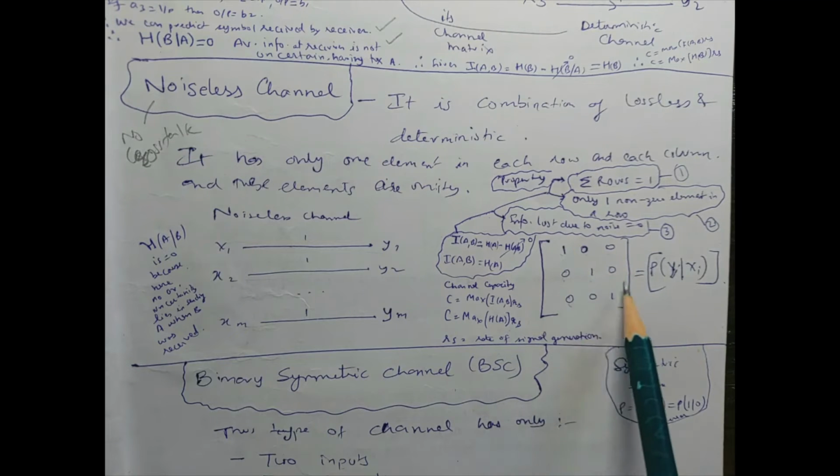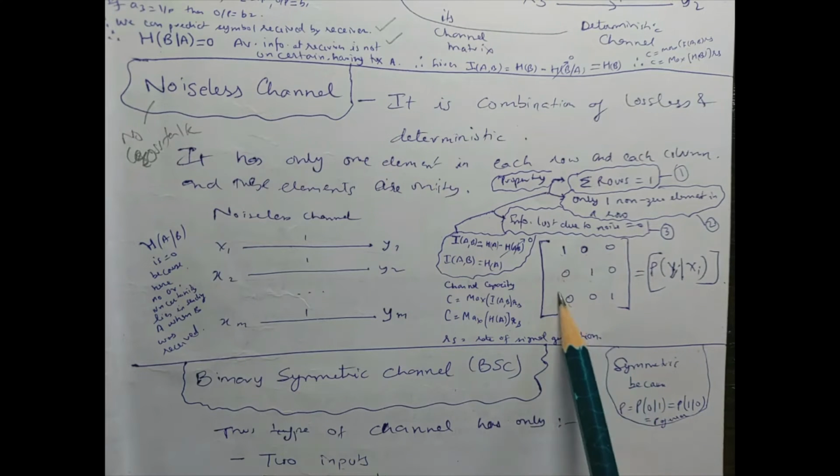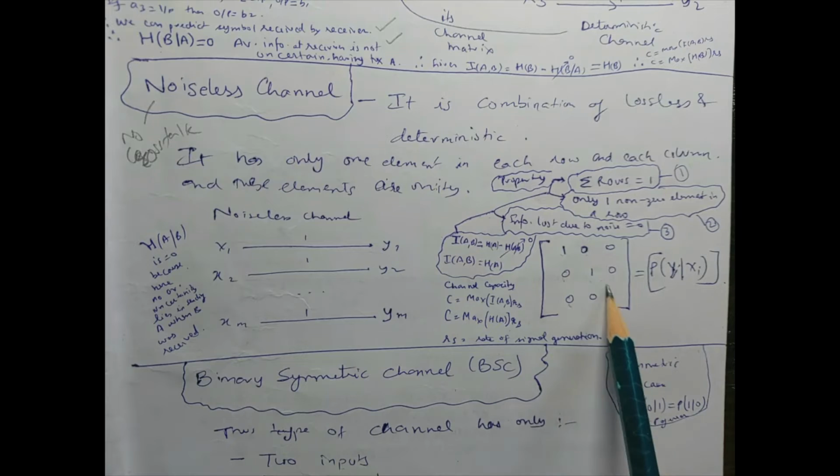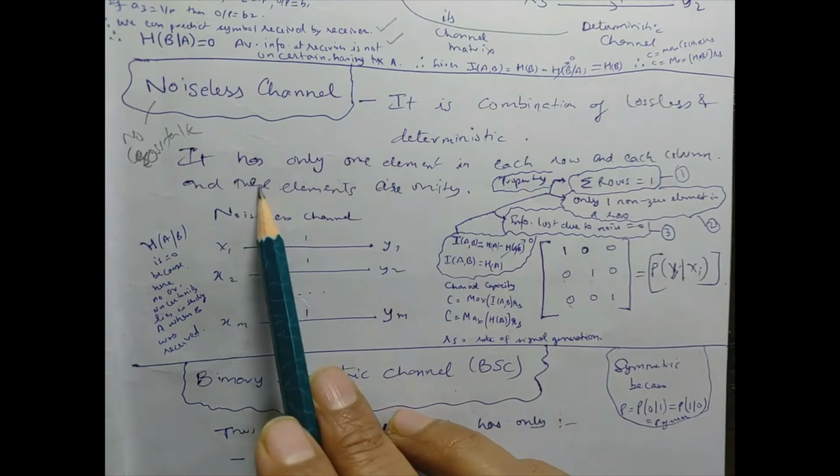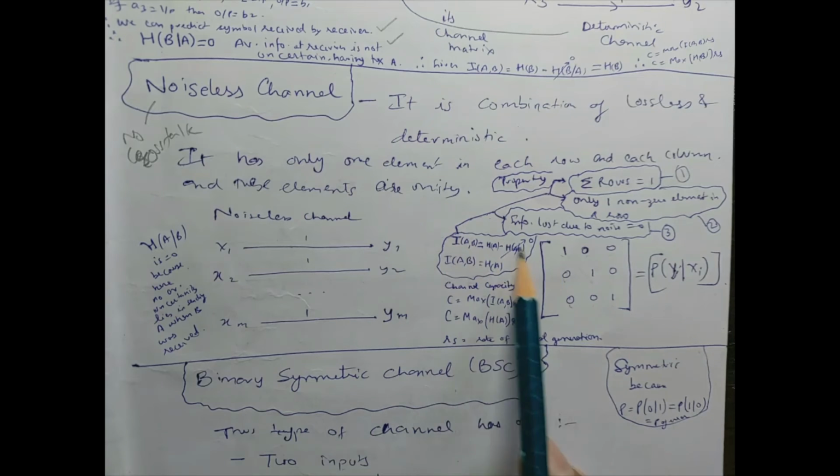So this will help you again know that this is a diagonal matrix. So it has only one element in each row and each column, and these elements are unity.